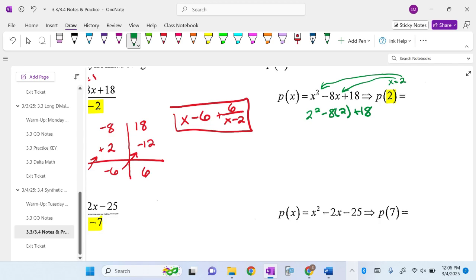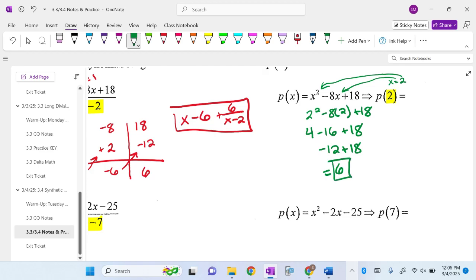So 2 squared is what? 4. All right, what's negative 8 times 2? Negative 16, and then the 18. 4 minus 16 is negative 12 plus 18. What's that equal to? Positive 6.